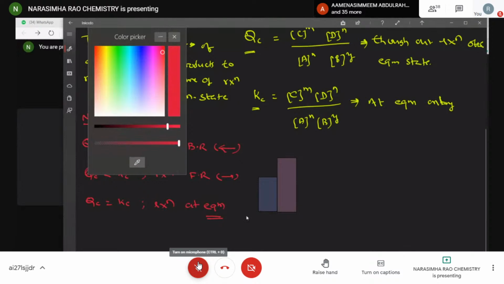Right? So here, this is a Qc, this is a Kc.